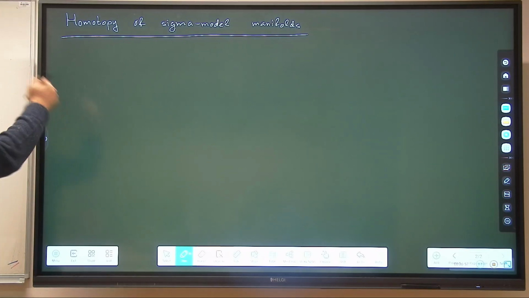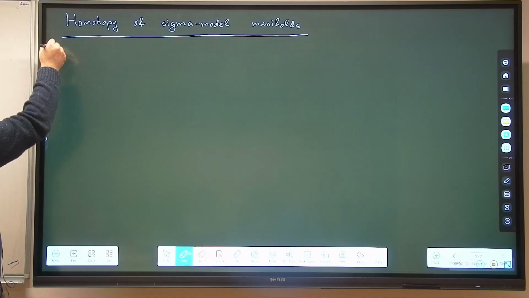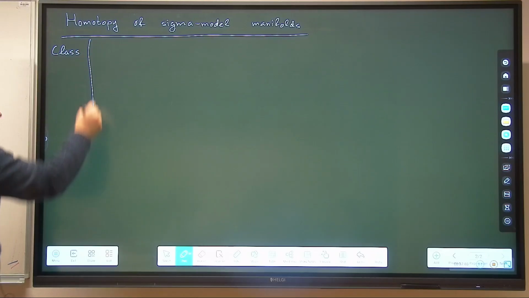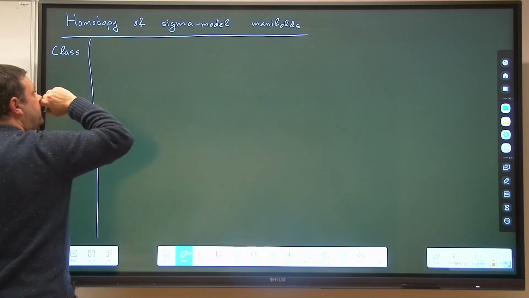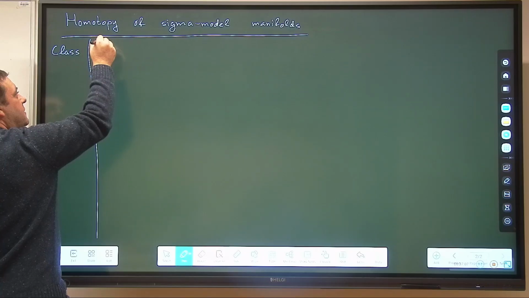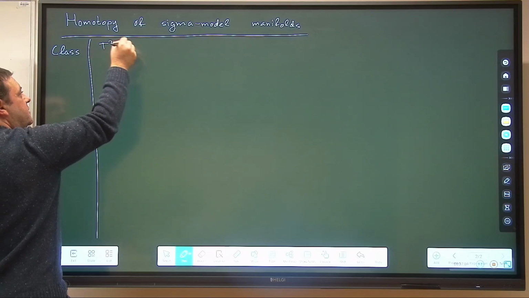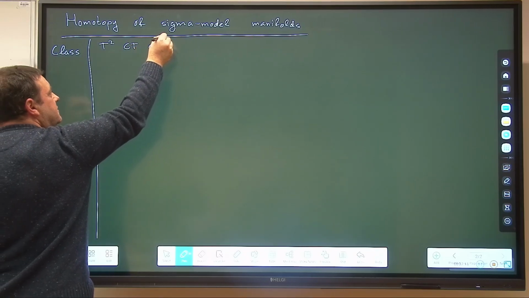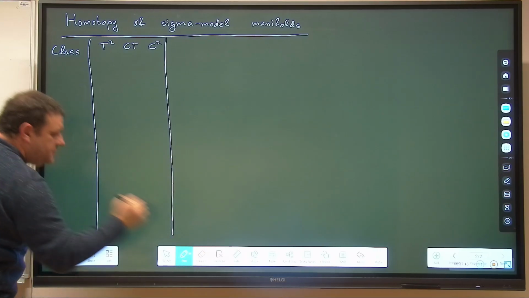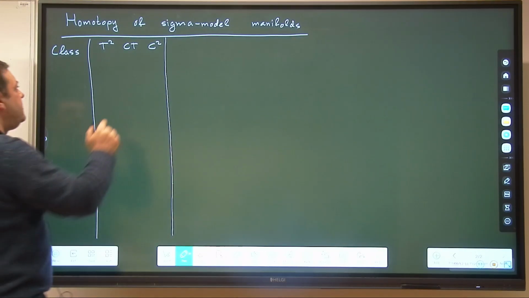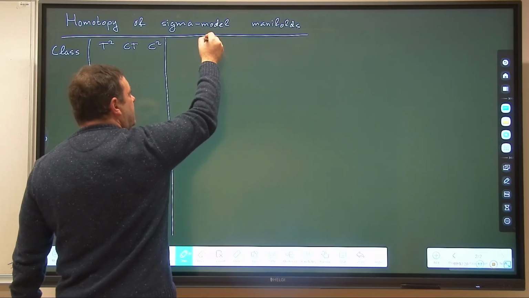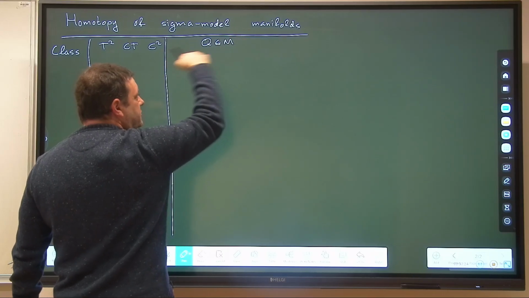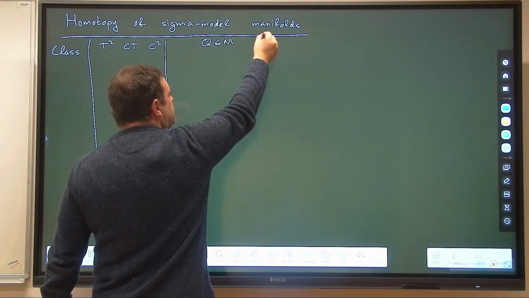We will make a table. The first column will be the symmetry class. Then we will have, as usual, all our symmetries, T squared, CT, and C squared. In this order, it looks a bit nicer. Then we will have the manifold M. Q lives in the manifold M, so we will write what the manifold is.